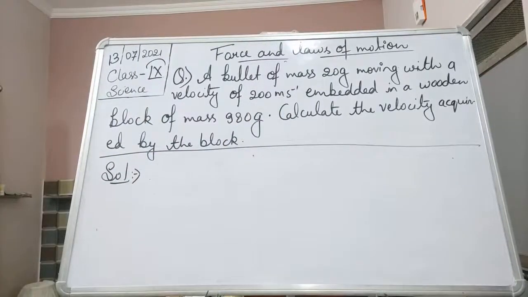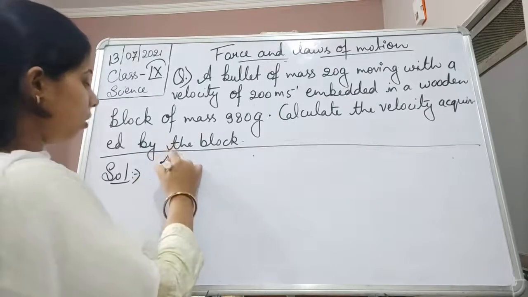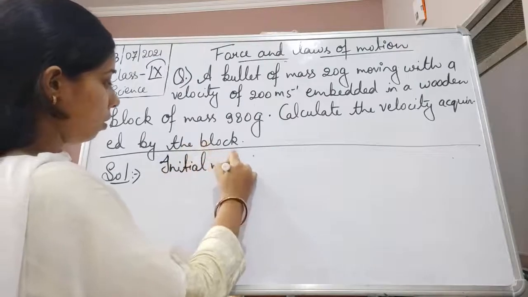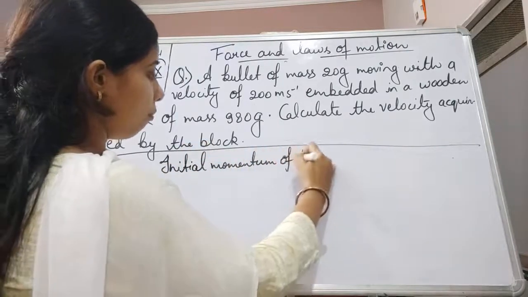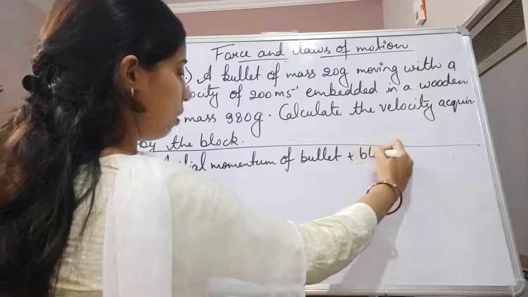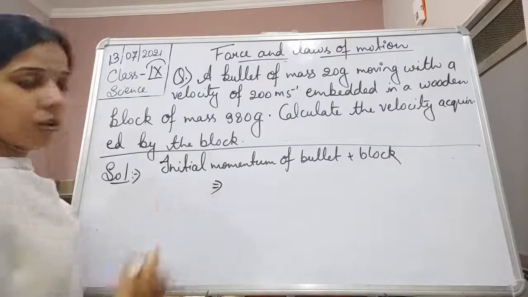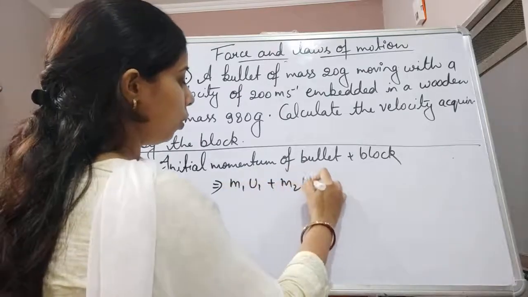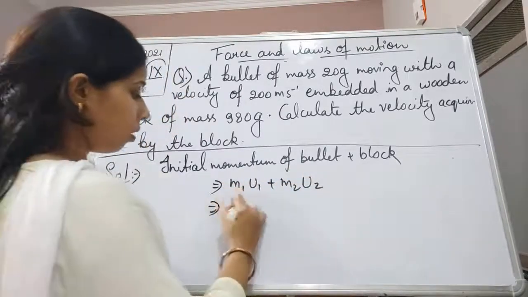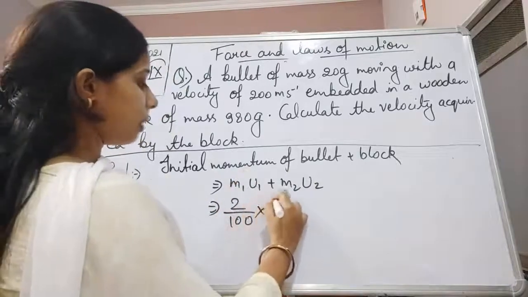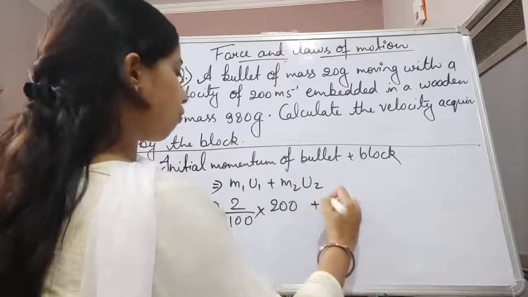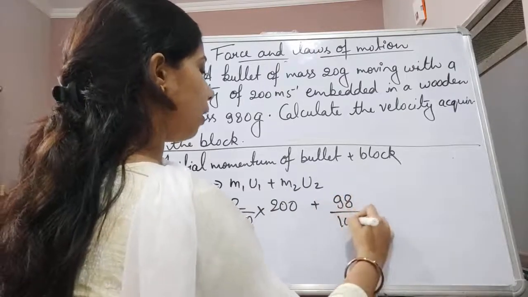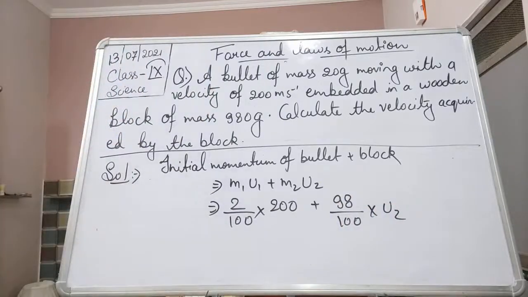The initial momentum of bullet plus block will be equal to m1u1 plus m2u2. m1 is given, that is 2 upon 100, into velocity 200, plus the mass of the second, that is 98 upon 100, into u2, which we have to calculate. It is not known to us.